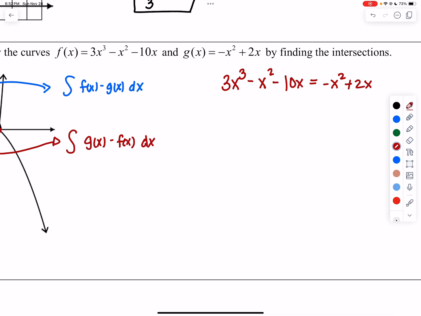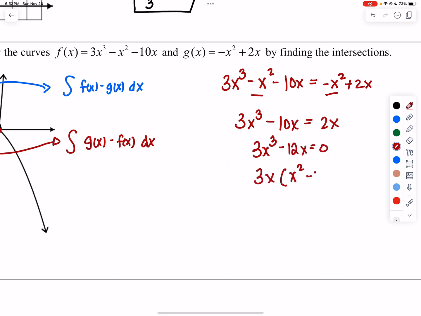All right, the negative x squares will eventually cancel out, so you're left with 3x cubed minus 10x is equal to 2x. The 2x can be moved to the other side. Then I could factor out a 3x, so x squared minus 4. That's going to give us x is equal to 0, x squared minus 4 is equal to 0, or plus or minus 2.